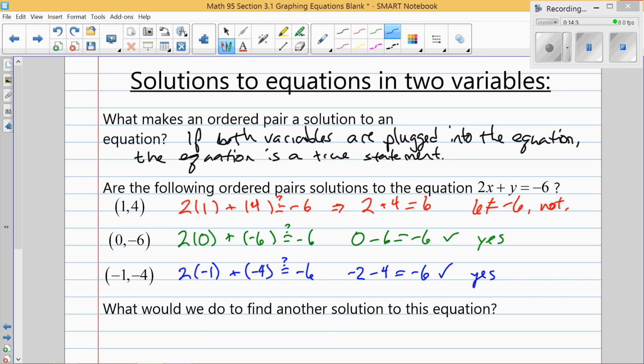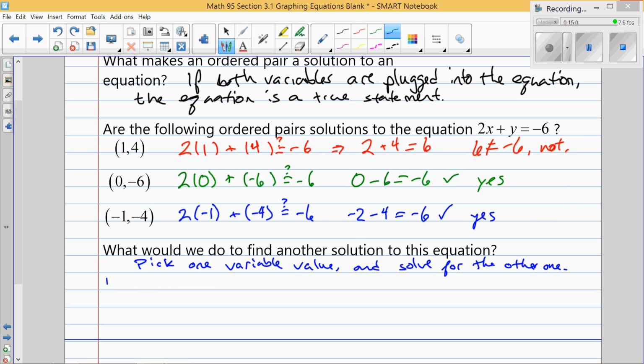How could I find another one? We'd have to pick one variable value and solve for the other one. So for instance, I could let x equal, and I could pick any number I want to. It's not helpful to use 1, 0, or -1, but I could try something else. I could try maybe 2.